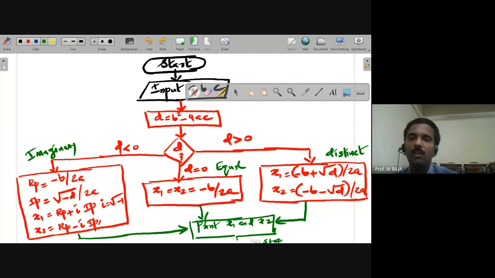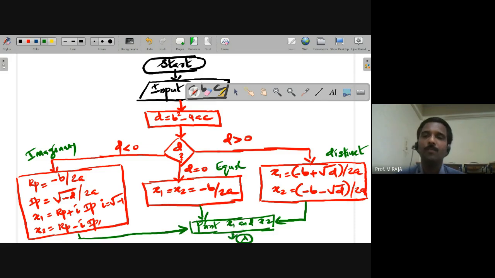Or we can draw one continuation symbol. How do we specify the continuation symbol? For example, here, because of space, I write something like A in a circle.